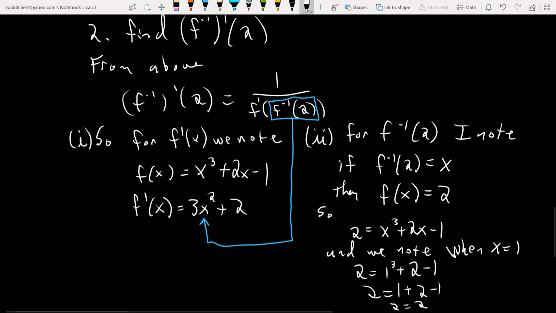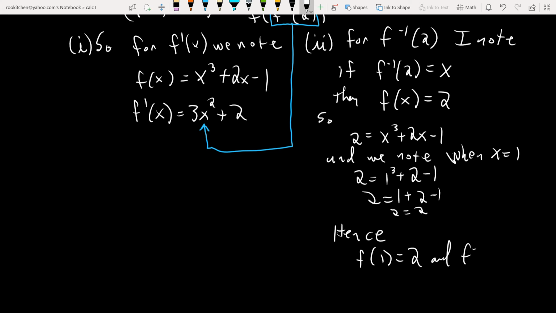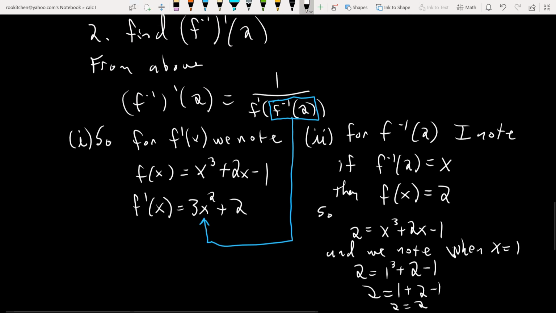So f of 1 equals 2, and thus f inverse of 2 must equal 1, which is what we were after, that f inverse of 2 right here. Great.